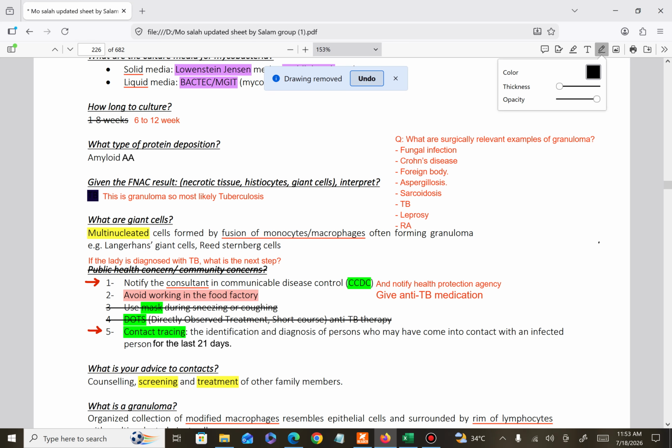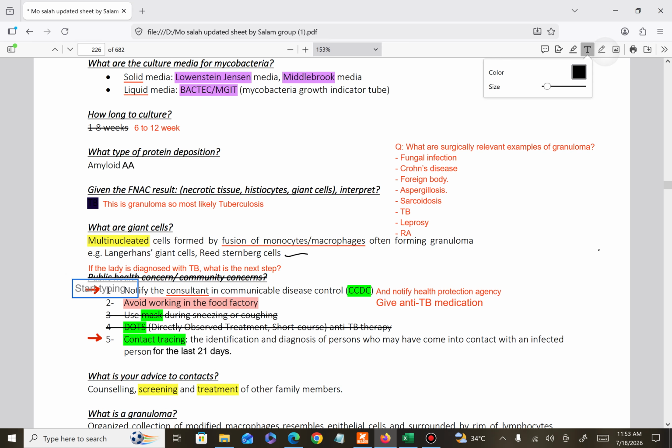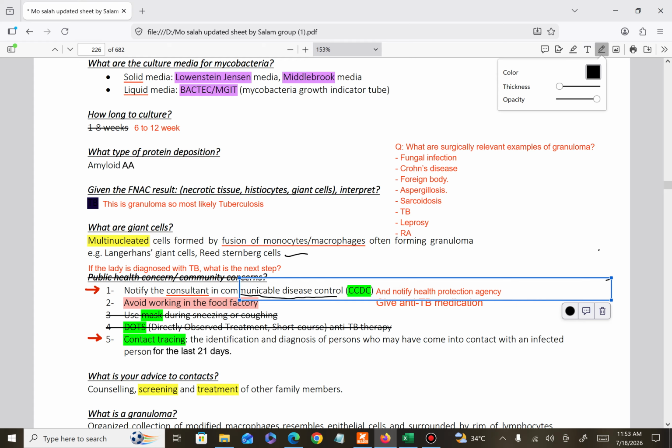and Reed-Sternberg cells. If the lady is diagnosed with TB, what is the next step? First, notify the consultant in communicable disease control, notify the Health Protection Agency, and give anti-tubercular medications.